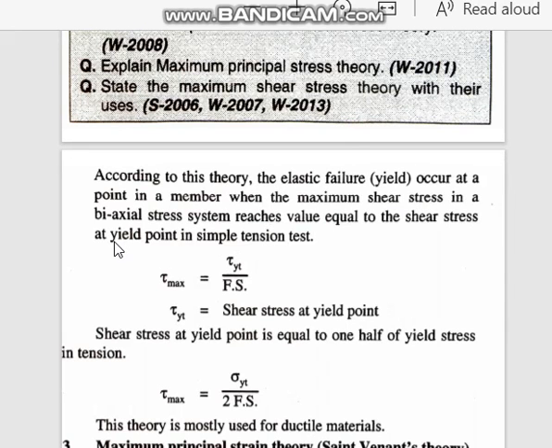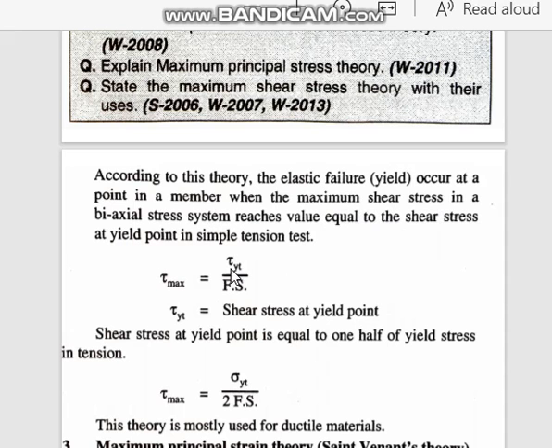In the first thing, what should be reached? Elastic limit should be reached. In the second, it should reach the shear stress at yield point. You see, at yield point, what stress you get is tensile yield stress. But we are talking about shear stress. At the yield point, however much the shear stress is, if that is reached, then this component fails.